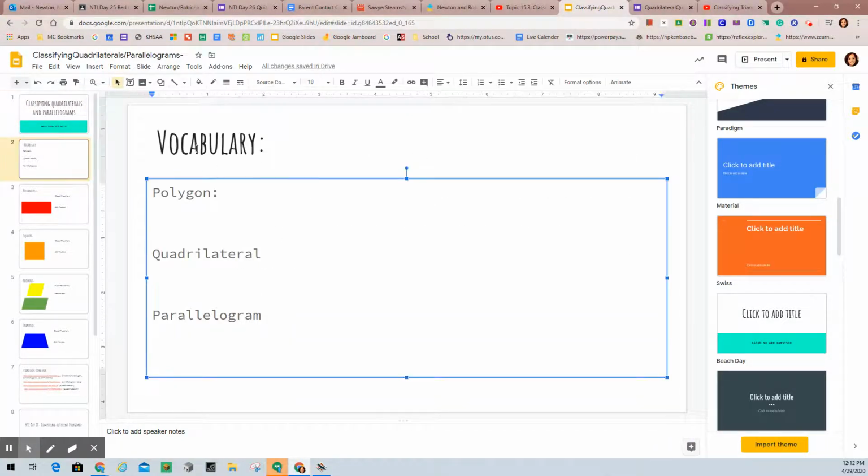So first, before I even get started with quadrilateral or parallelogram, I felt like I should have taught this to you a couple lessons ago, but here I am. I'm just going to throw it in there. The word polygon pretty much just means a shape that has more than three sides. So any 2D shape that you can imagine.